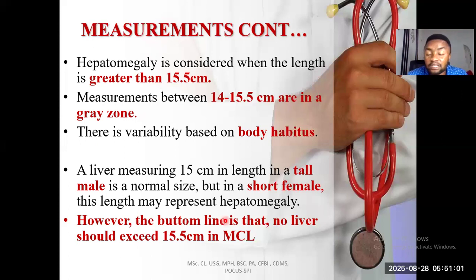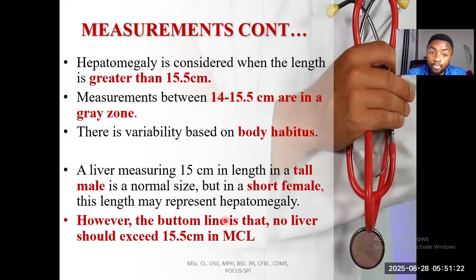You are not going to forget things. Yes, when you measure someone's liver and it's measuring 14.5, you can write it as normal. Yes, it doesn't change anything. But the moment it exceeds 15.5, please, it is hepatomegaly.